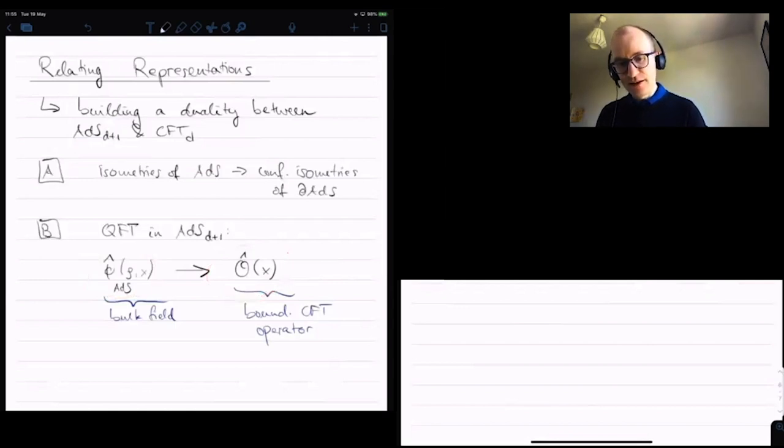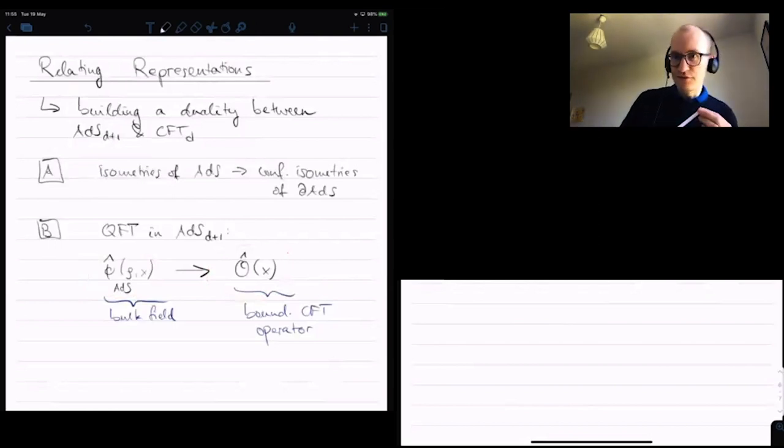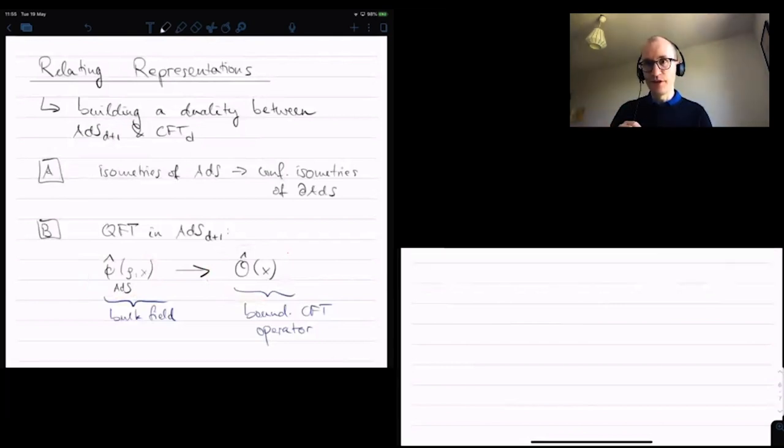The final remark is that the way that I'm going to be able to establish this is by thinking of what happens in AdS as an effective theory, including effective theory of gravity. So that also justifies why I spent quite a bit of time, quite apart from its intrinsic interest, talking about effective field theory of gravity.